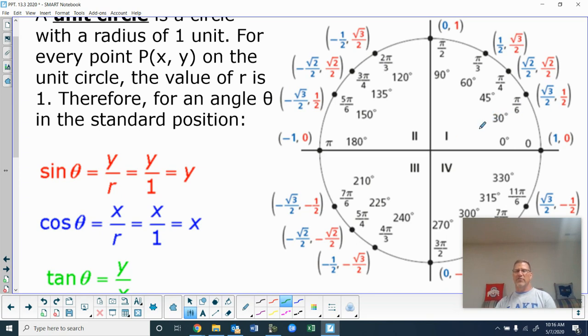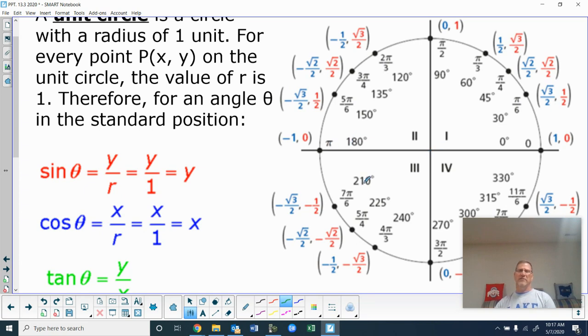So we got our 30 degrees here, which is pi over 6 radians, our 45 degrees, which is pi over 4 radians, our 60 degrees, which is pi over 3, our 90, which is pi over 2. Okay, and as we keep going, 120 is 2 pi over 3, 135 is 3 pi over 4, 150 is 5 pi over 6, and 180 is pi.